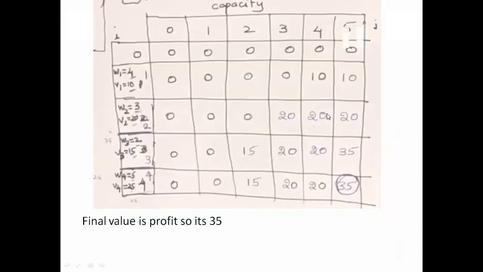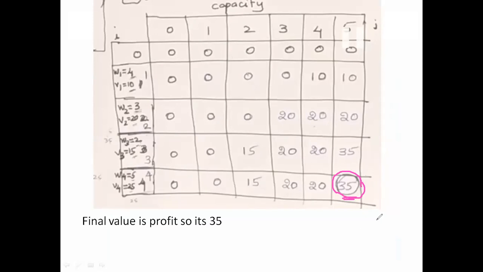Now we have completed that table. So what is the final value? This is the final value. In this table, this is the final row and column, that is 4 by 5. What is the final value? 35. So this is the profit.